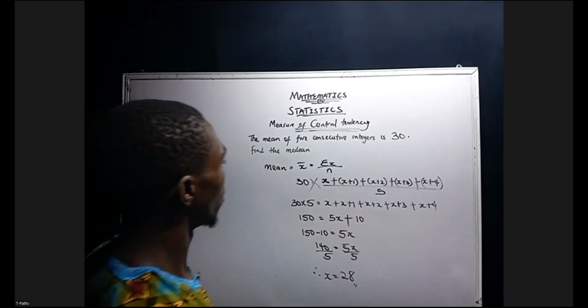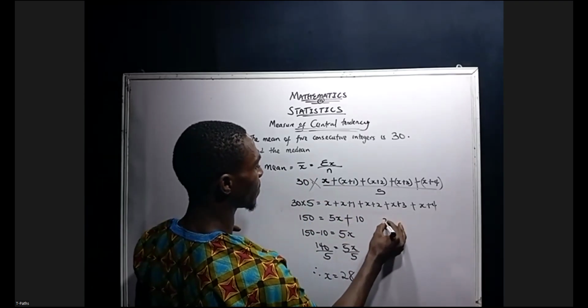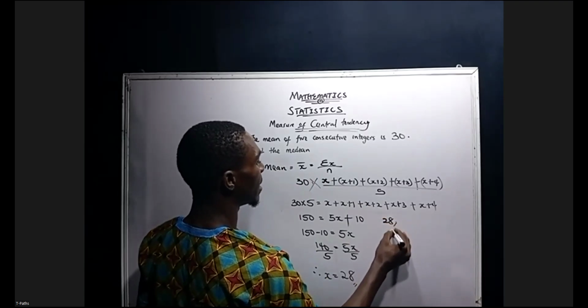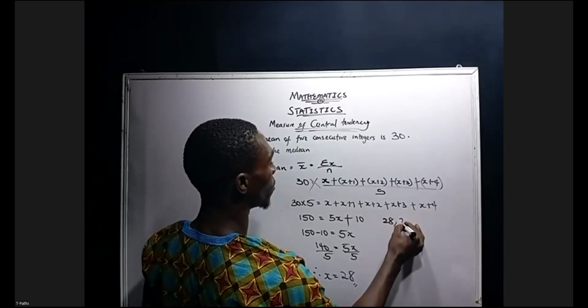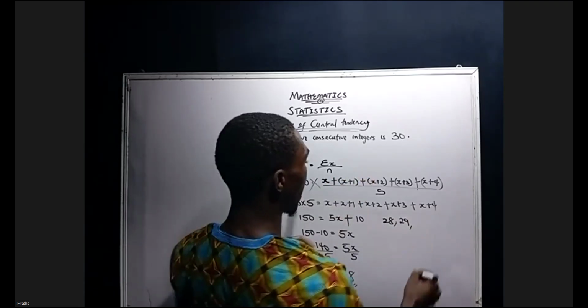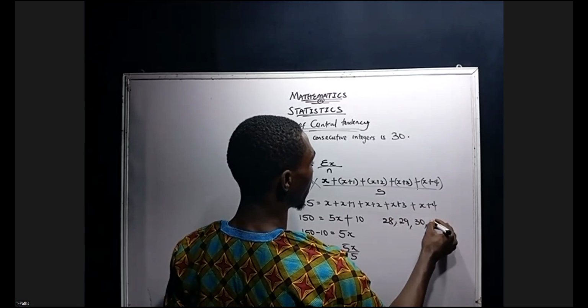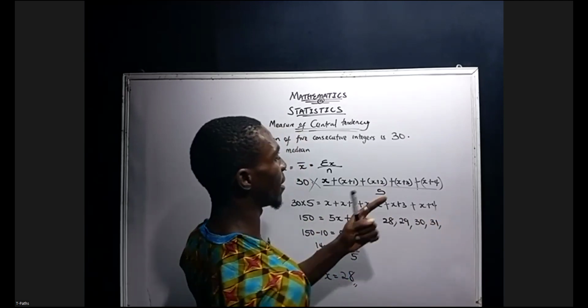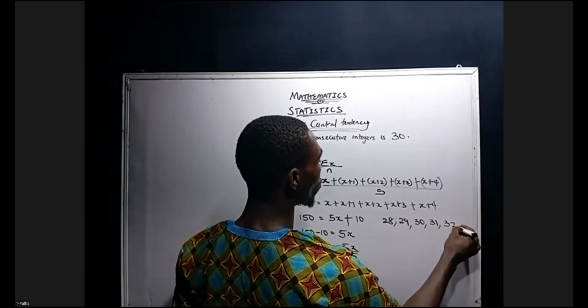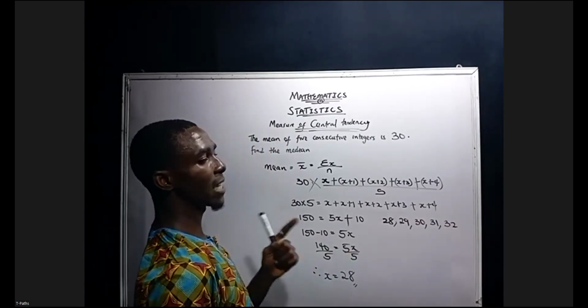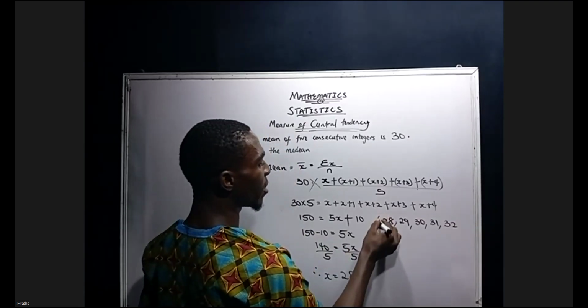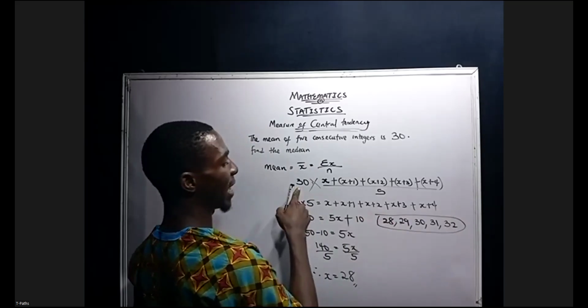We start with x, 28. The next one, x plus 1, 29. The next, x plus 2, 30. The next, x plus 3, 31. And the last, x plus 4, 32. Now we have 5 consecutive numbers. If you find the mean of these 5 numbers, you will have 30.